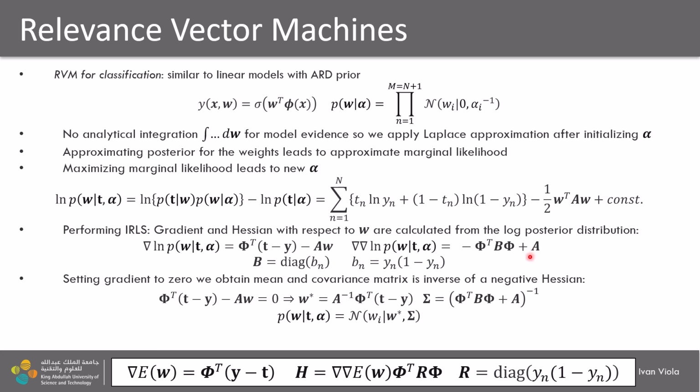So once we obtain the W star, the posterior estimation, and the covariance matrix, we have our posterior probability for the weights given a certain t and some initial alpha.